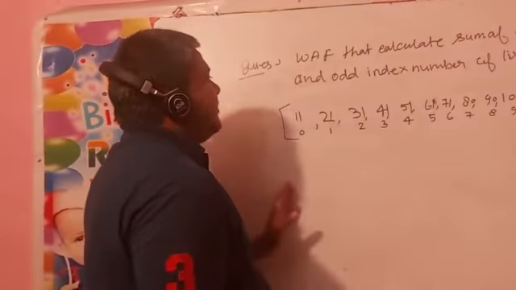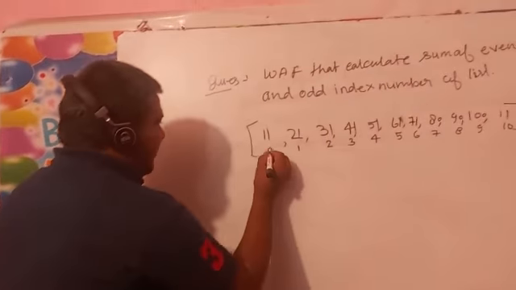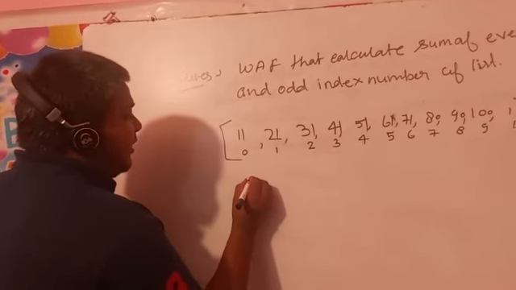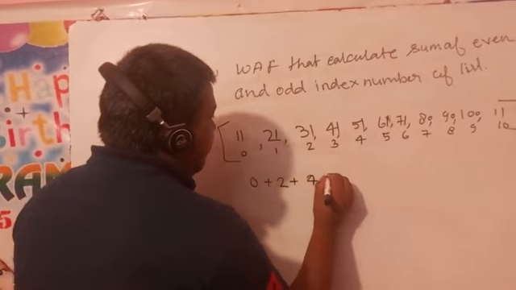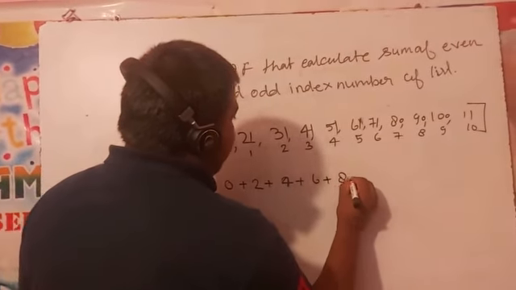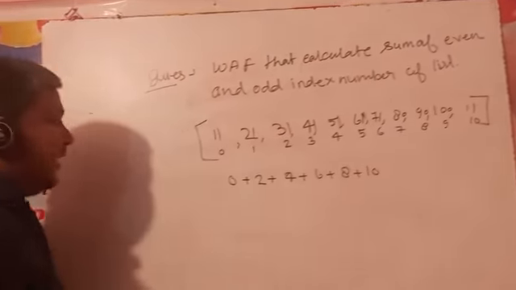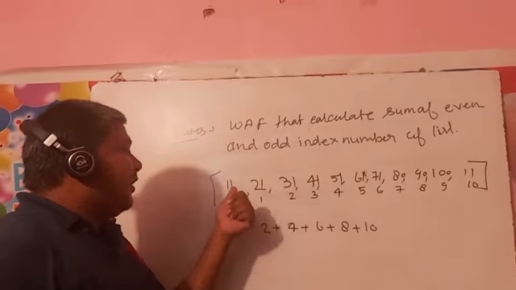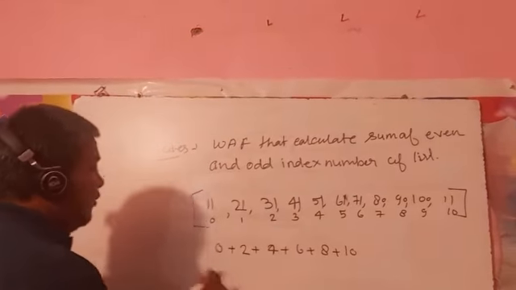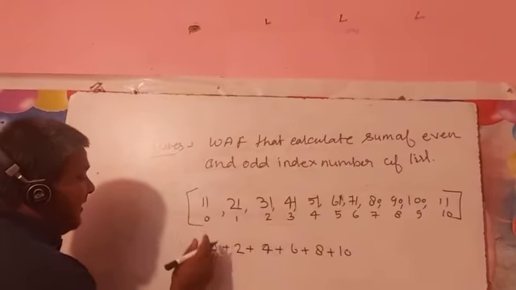And what sum do we have to find out? Even index. That means what are the even indexes? 0 plus 2 plus 4 plus 6 plus 8 plus 10. We have to find the sum of the numbers on these indexes. So what are the numbers on these indexes?